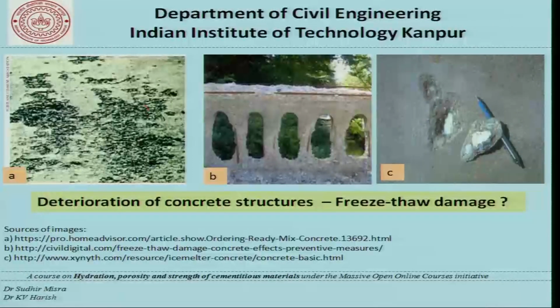So, we can see that the action has largely affected the cement paste phase of the concrete, and that had indeed better be the case, because that is the phase in concrete which is more susceptible to the action of freezing and thawing. Of course, beyond a certain point we will have a situation like this, which is called the aggregate pop out. So, these are examples of the final results of freezing and thawing.